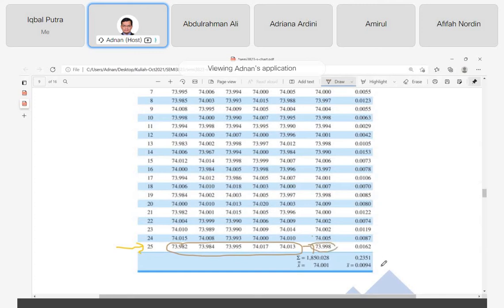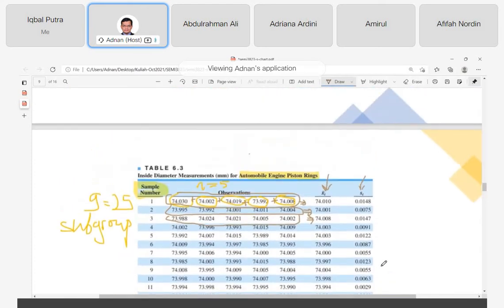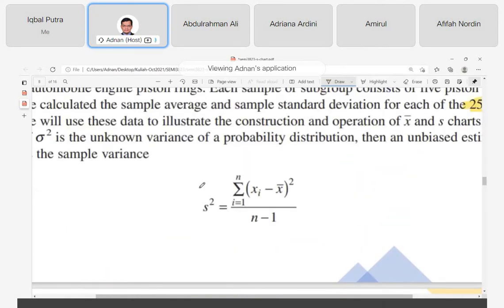Because we are now using X bar S chart, how do we get S? This is the standard deviation: S1, S2, and so on. So S is given by this formula, which is the standard deviation for that sample.